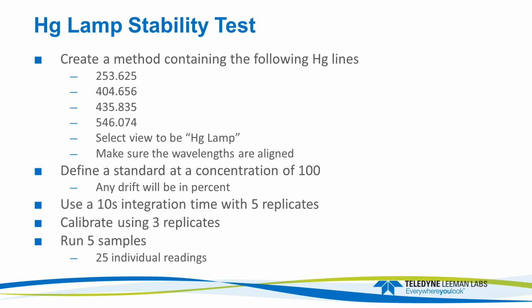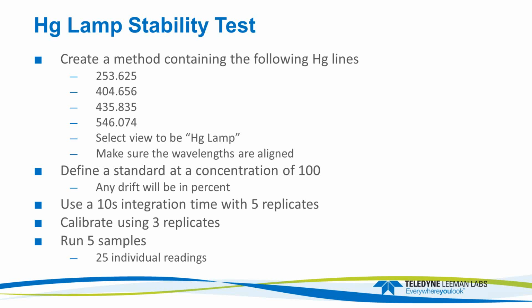The mercury lamp test will consist, on the Leeman systems anyway, of these 4 wavelengths. When you do that, you have to make sure you select the view to be mercury lamp, because you're not measuring it from the plasma. When the instrument runs this test, it will move the mirror and get the mercury lamp intensity into the system. Make sure all the wavelengths are aligned.